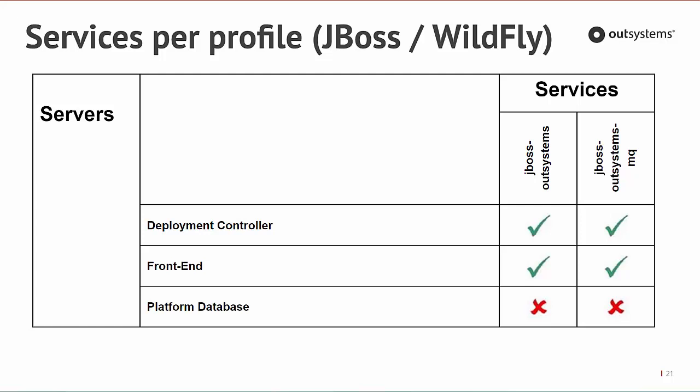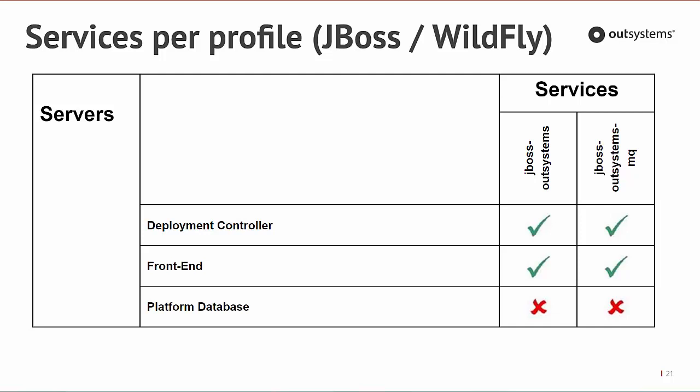Remember, and again I will stress this, the application server needs to be installed and running even in a pure deployment controller that doesn't really have any end user interaction. This is needed because some internal services use APIs that are supported by JBoss or WildFly. Still, no applications will be deployed to it.